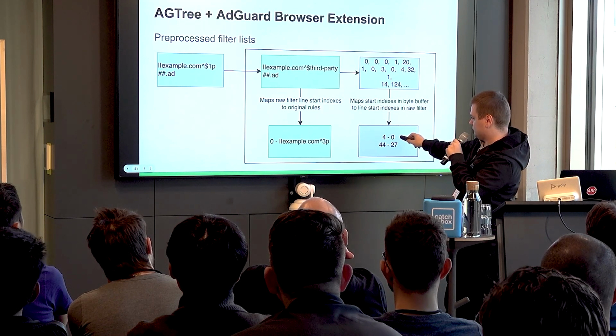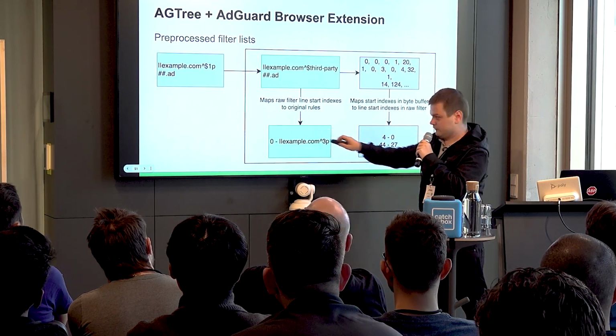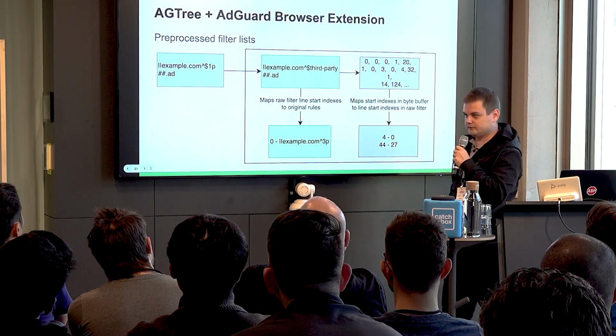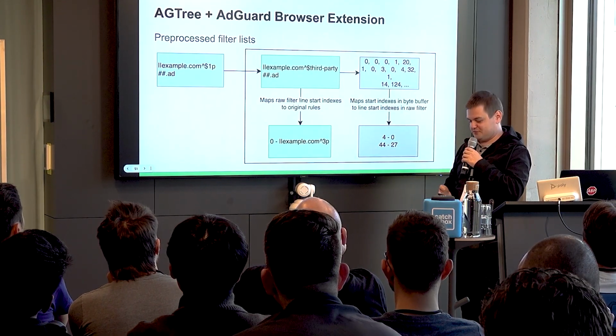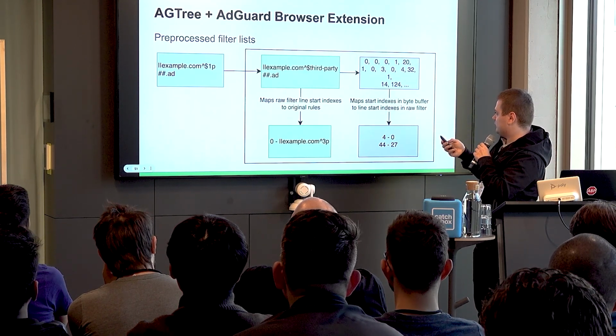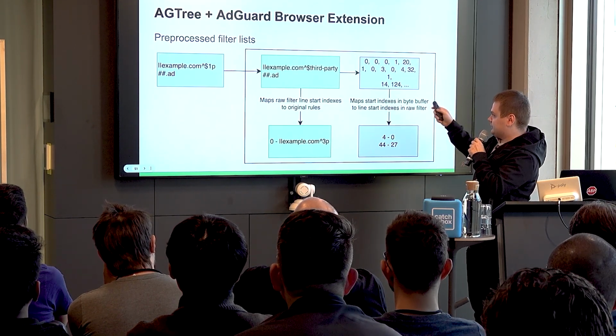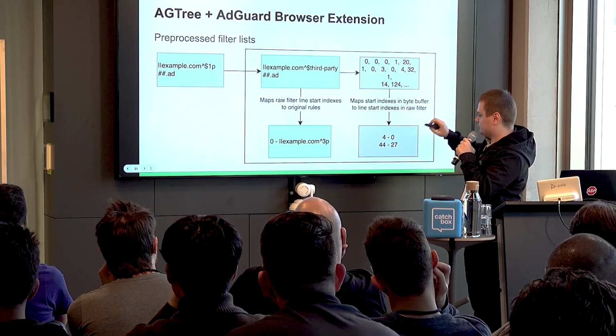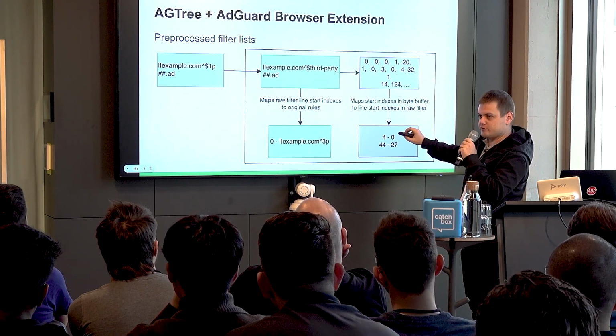So actually you can use the two maps together. So 0, 0, and you have the original rule. It's pretty complex, sorry for that. So again, the engine gets the start index from the byte buffer and the source map, and that's it.